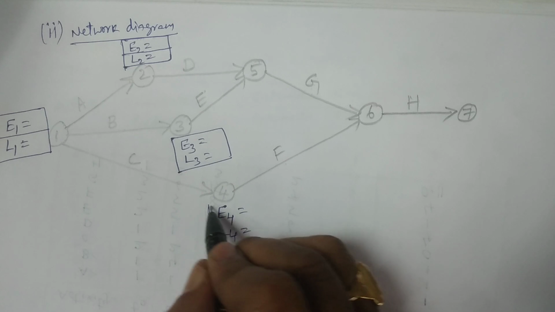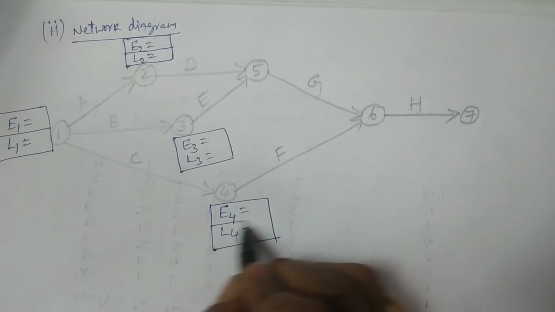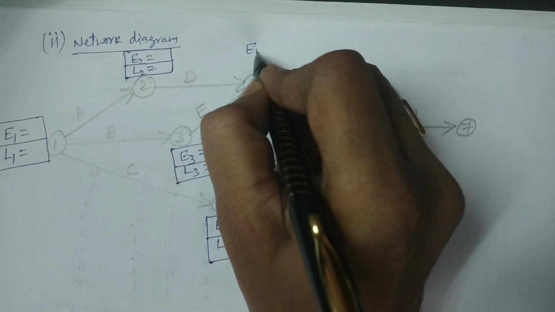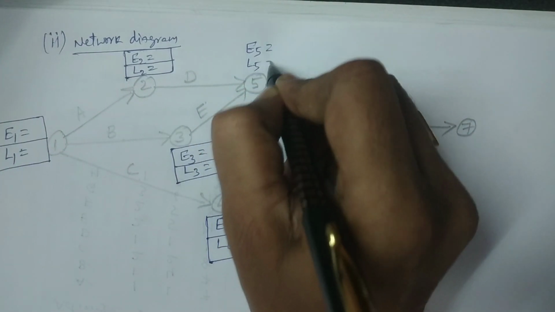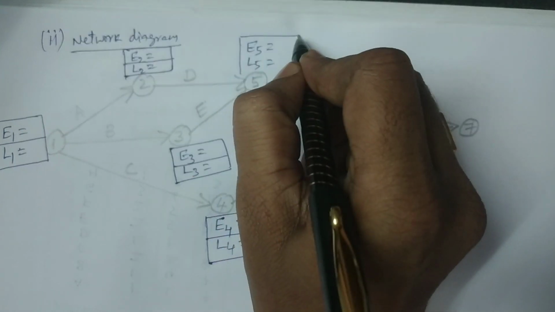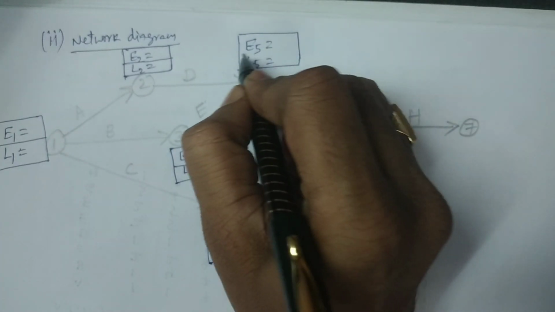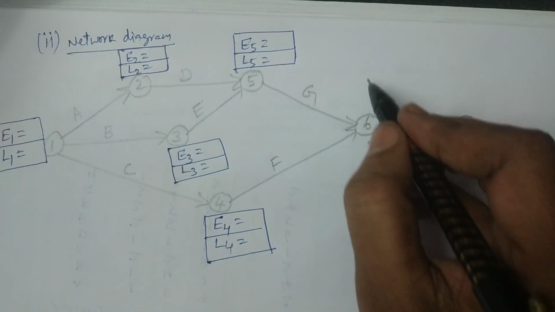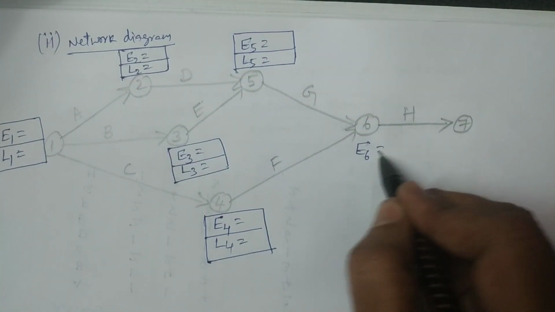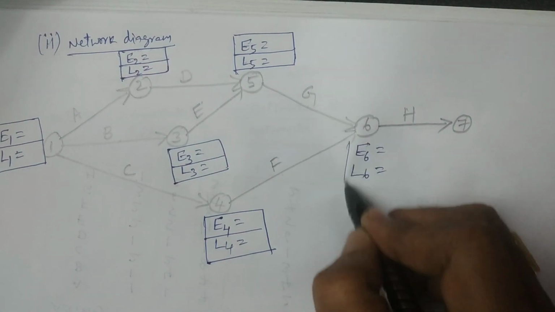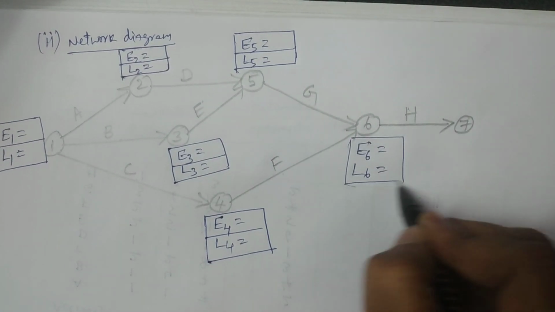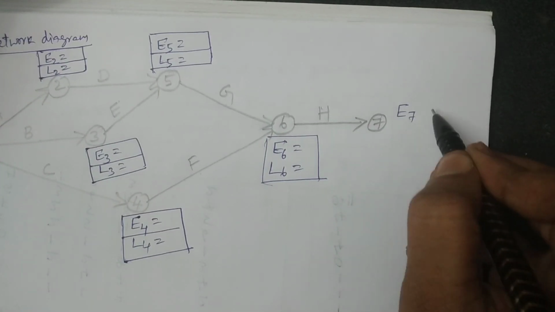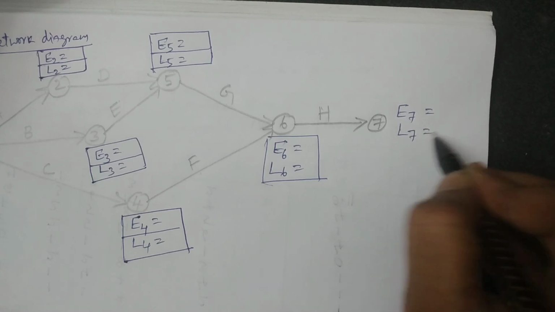For the fifth node, E5 and L5. For the sixth, E6 and L6. And the last one, the seventh node, the end node, E7 and L7.